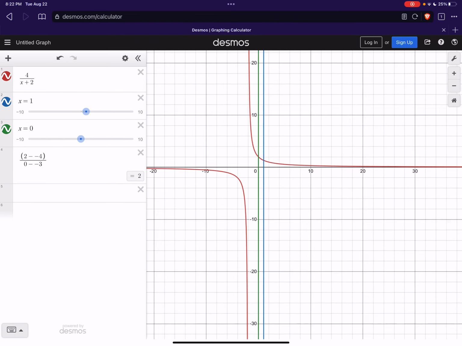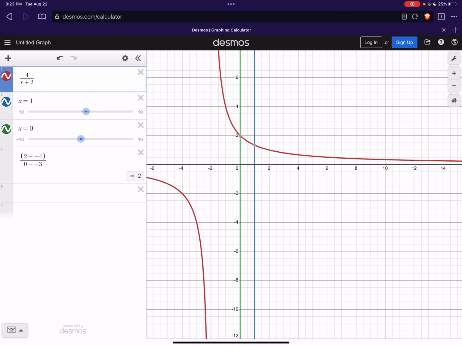Alright, if we look at 0 and +1, you get 1.333. You may already know off the top of your head that this is a continuing decimal and that your fraction is 4/3. If you did not know that, you cannot, and I repeat, cannot round to 1.3. You have to get the fraction.